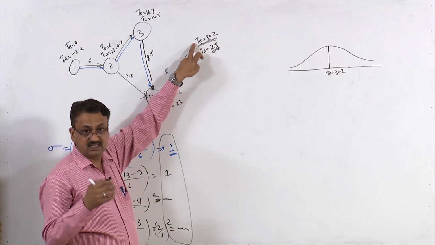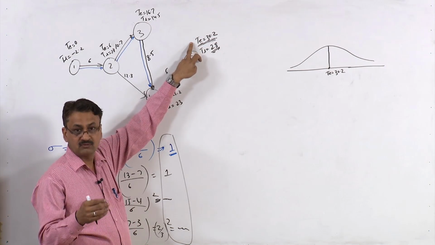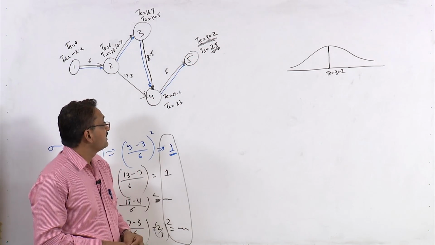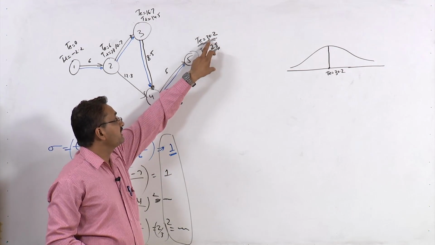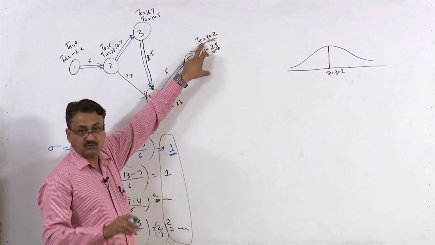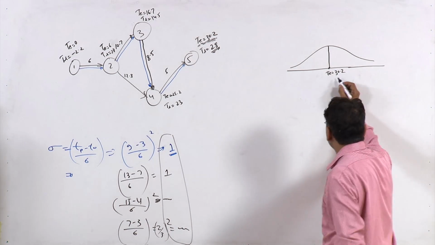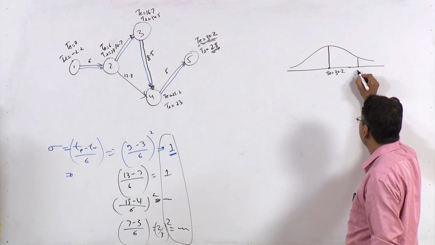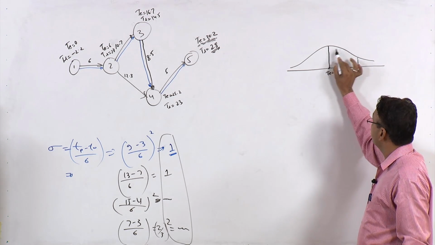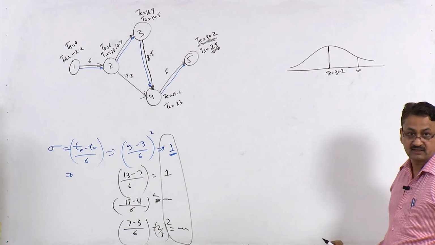Any TS, the scheduled completion time, less than this will have less than 50% probability. If I ask the probability of completing this project in 40 days, that would be more than 50%, right? Because TS becomes 40, and we need to calculate this probability, which would be more than 50%.